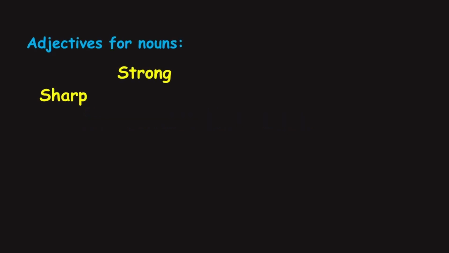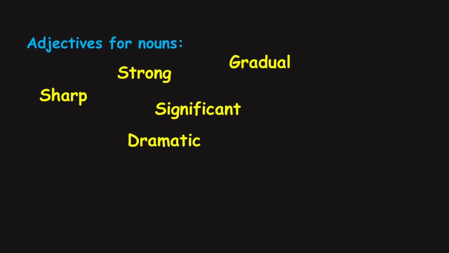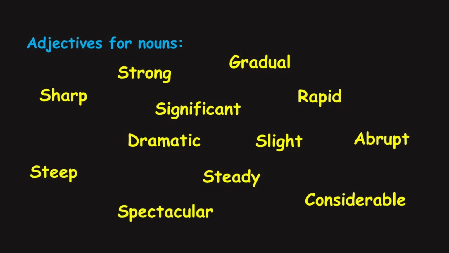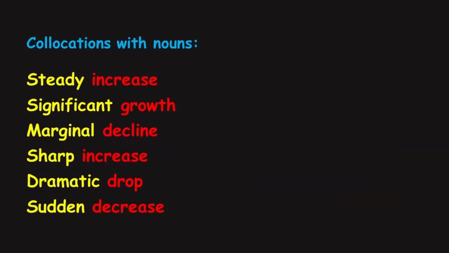Examples of adjectives that should be used in writing body paragraphs: sharp, strong, significant, dramatic, gradual, rapid, slight, steady, abrupt, considerable, steep, spectacular. Collocations with nouns: steady increase, significant growth, marginal decline, sharp increase, dramatic drop, sudden decrease.